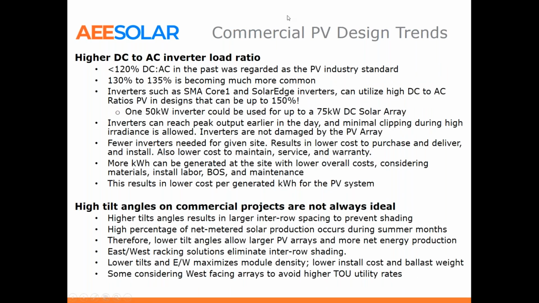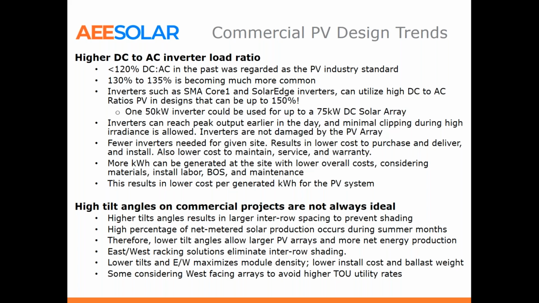Okay, so when we're sizing inverters, if you are new to commercial business, a lot of times 1.2, 1.25 DC-AC ratio was kind of the recommended standard when modules were high priced. We're seeing that the inverters, as they are a fixed cost, are not coming down as quickly as module prices are.